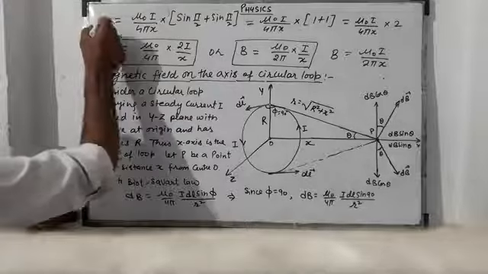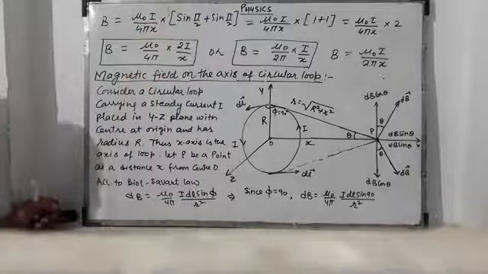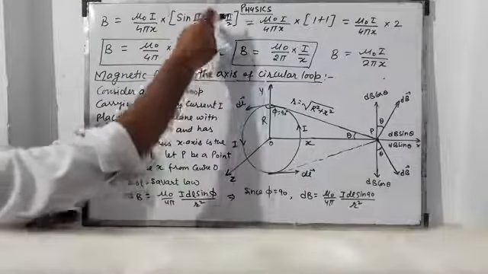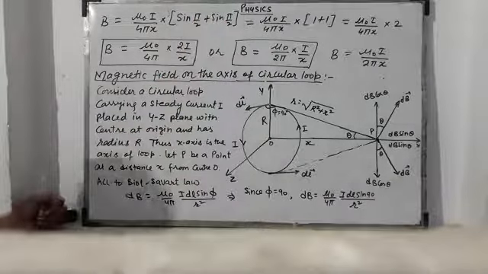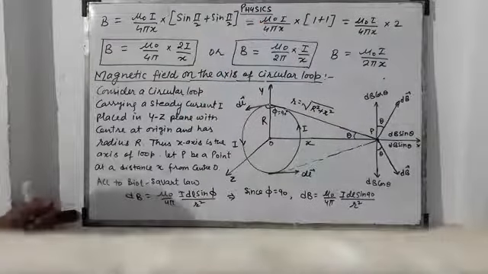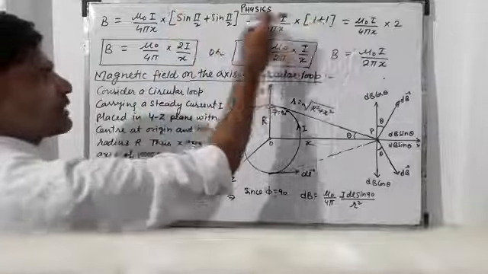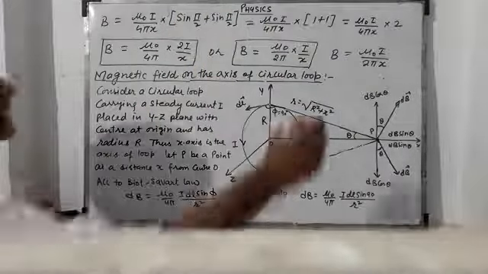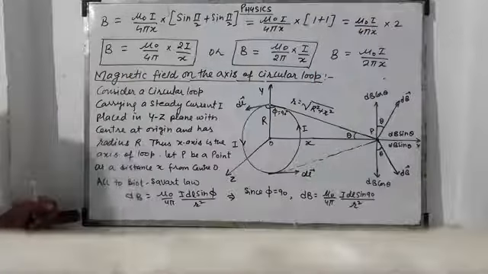So B is equal to mu naught I upon 4 pi x into sin pi by 2 in place of theta 2 plus sin pi by 2 in place of theta 1. Sin pi by 2 is 1, so we have 1 plus 1, that is mu naught I upon 4 pi x into 2.